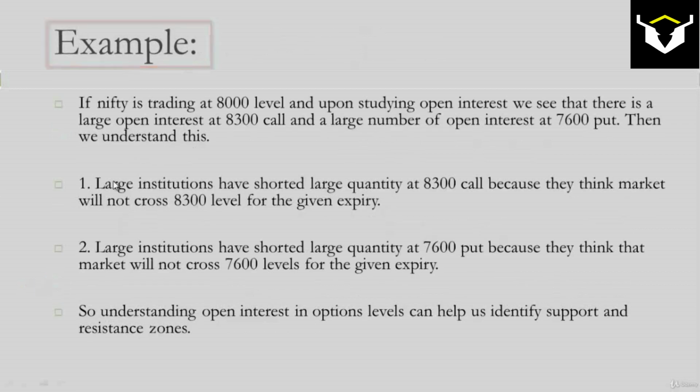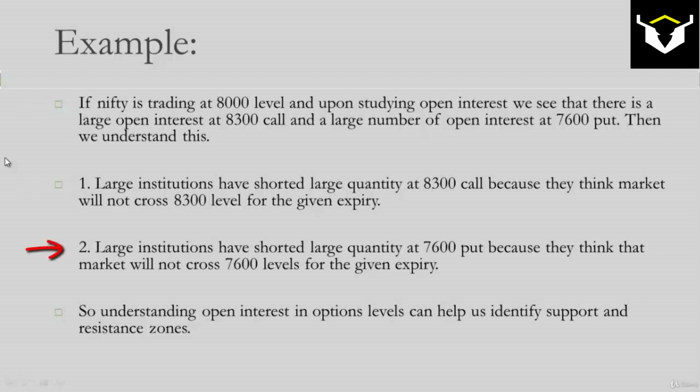For example, if Nifty is trading at 8,000 level and upon studying open interest in options, we see that there is a large open interest at 8,300 call and a large open interest at 7,600 put, then we understand the following. Large institutions have shorted a large quantity at 8,300 call because they think the market will not cross 8,300 level for that given expiry month.